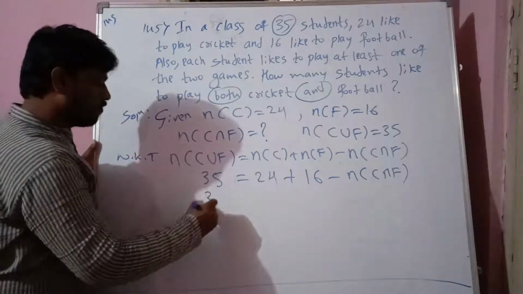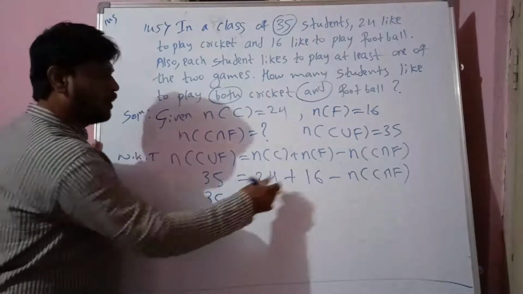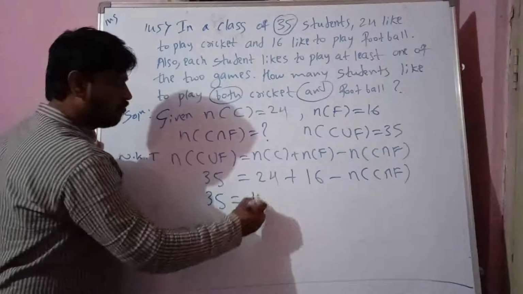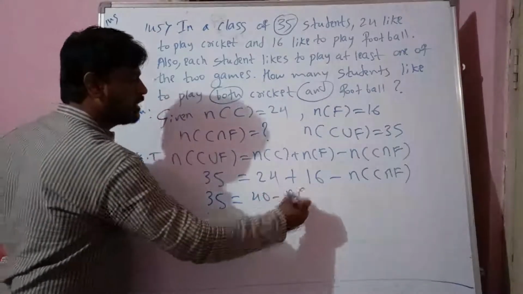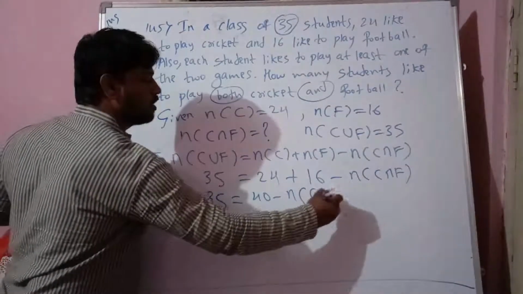Yes, 35 as it is, 24 plus 16, 40 minus n of C intersection F.